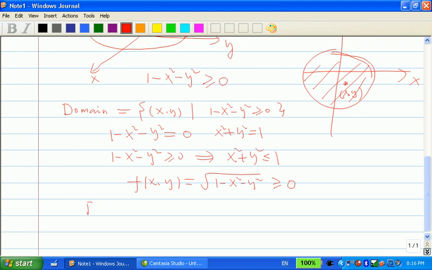So your range for this case is between 0 and infinity. Wait, not infinity. Between 0 and what? 0 and 1. So that's your range, the possible f(x,y) values. Right? When you choose x, y both 0, you get a 1.